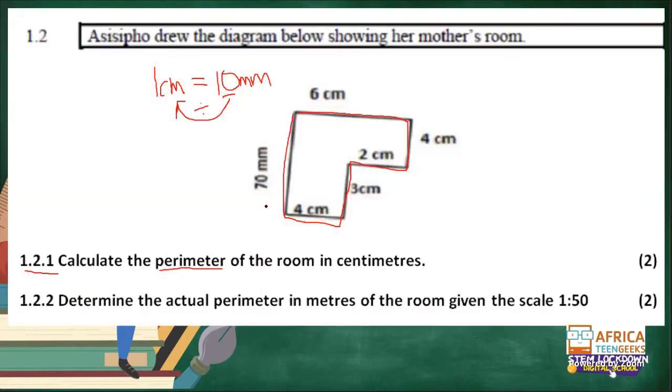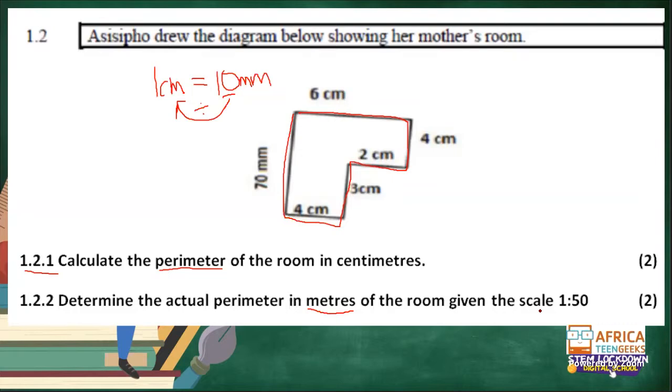1.2.2. Determine the actual perimeter. Obviously, when I say actual, I mean the real life perimeter, and it must be in meters, of the room, given the scale is 1:50. If this was drawn to a scale of 1:50, what is the actual perimeter in meters? What is the real perimeter in meters?